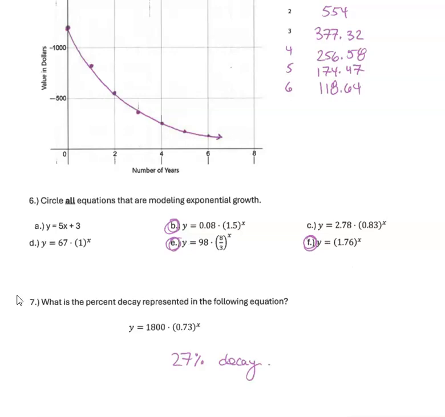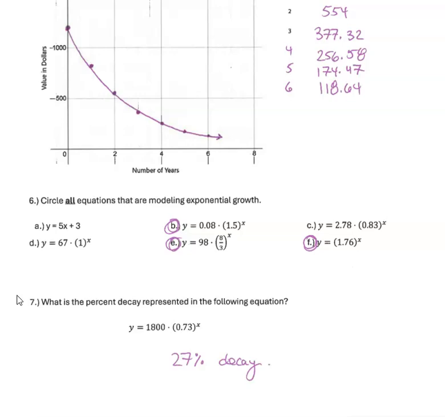The next one is multiplying by the number 1. That just doesn't go anywhere. It doesn't go up, doesn't go down. The next one, 8/3 is bigger than 1, so that's going to be going up. And the last one, while this looks like it has no original, by default you have a 1 in front of there. So it's an original of 1 and a growth factor of 1.76, which means it is getting bigger.